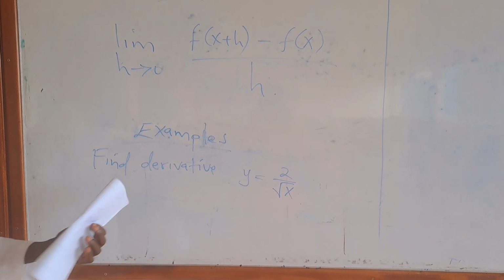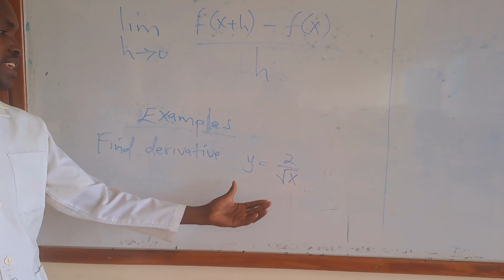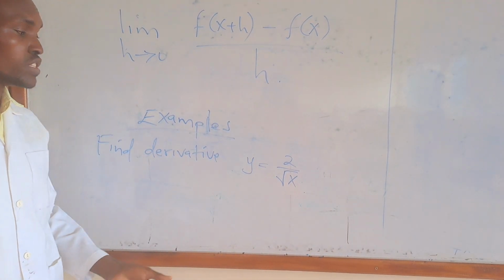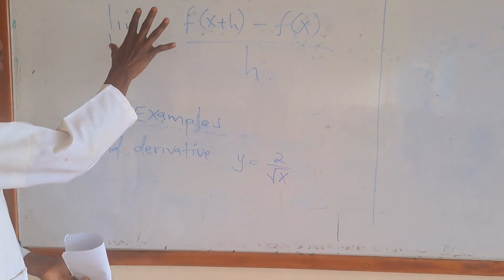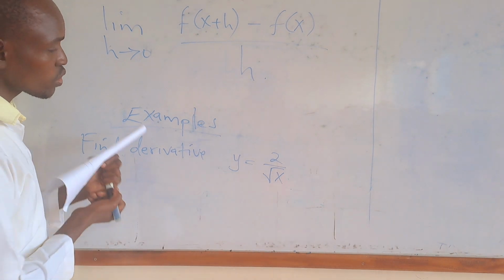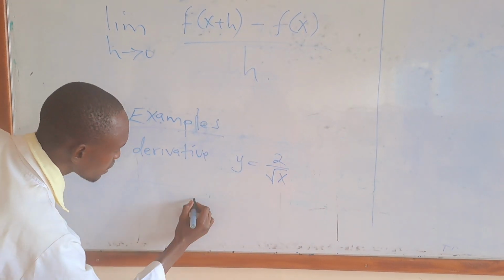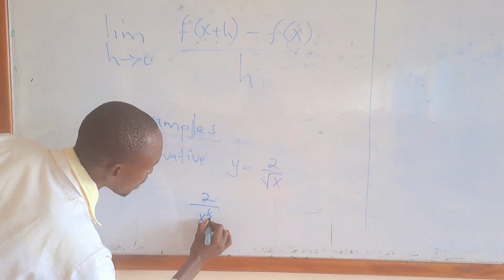Now, in simple terms, if we were not using the first principle, this would be a little bit easier, because if we are using the power rule, what will we do? We'll have 2 over x raised to power half.